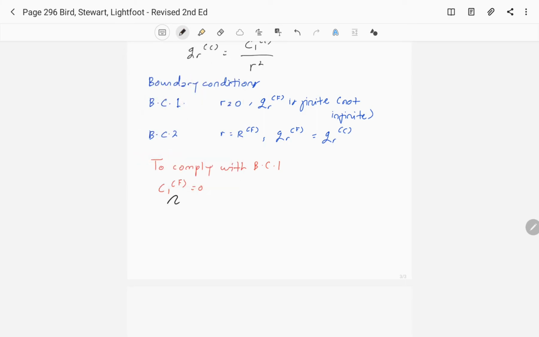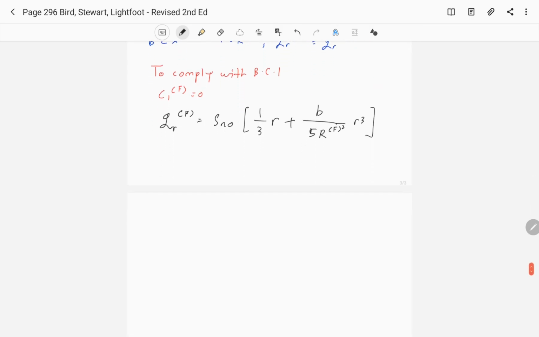So with this, you can get that q_rf is equal to S_n naught (1/3 r plus b divided by 5 r_f squared r raised to 3).